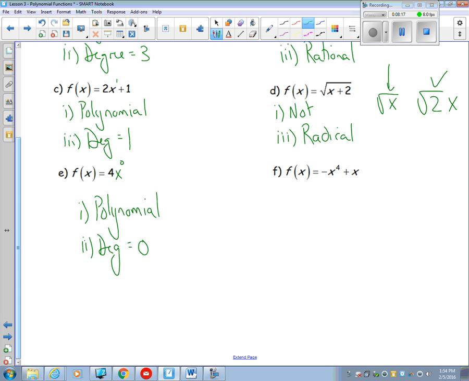If you come across one of those things, you may remember that's a horizontal line. It's a weird one. And the last one here, is this a polynomial? For sure it is. It's a degree of 4, and the highest exponent I see is a 4. I have no negative exponents, no fractions, no weird things. That's my polynomial.